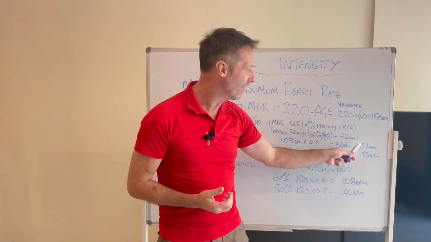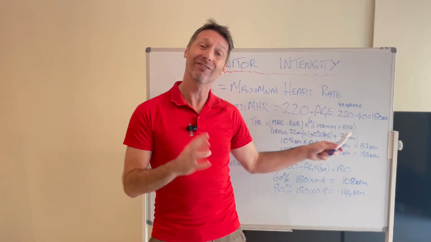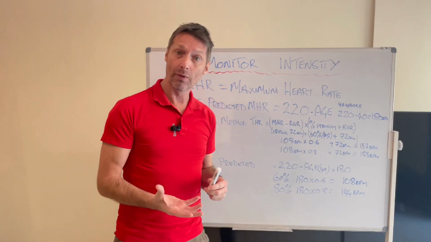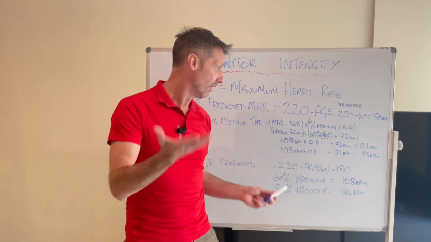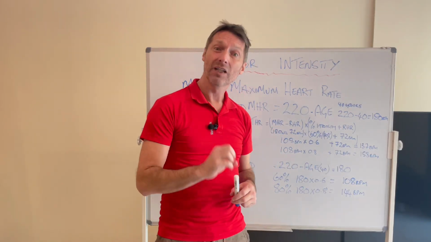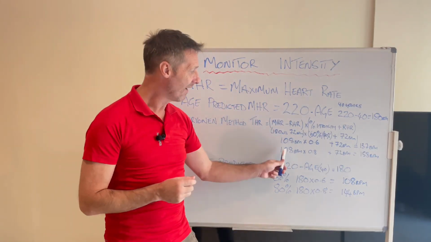So you can see now the difference between 137 at 60% and 108 beats per minute at 60%, which is a big difference. So it's a little bit more accurate and specific to that client.